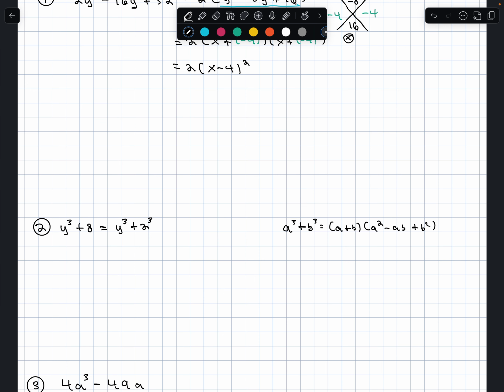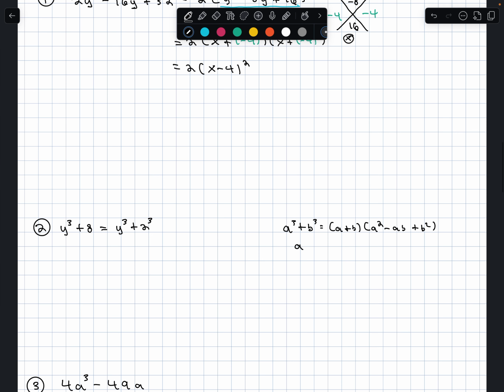So in this case, a is y and b is 2. So this is y plus 2 times y squared minus 2y plus b squared, which is 4.